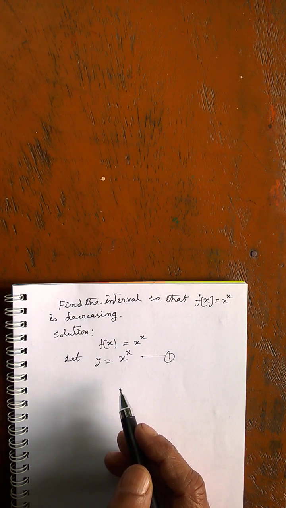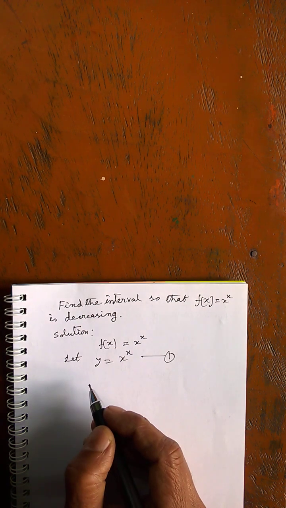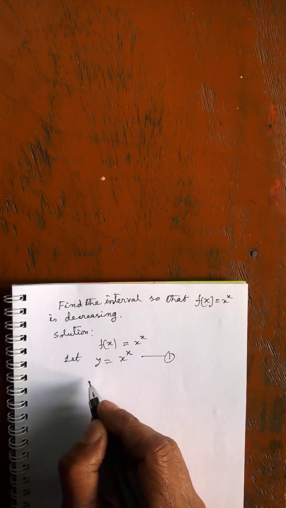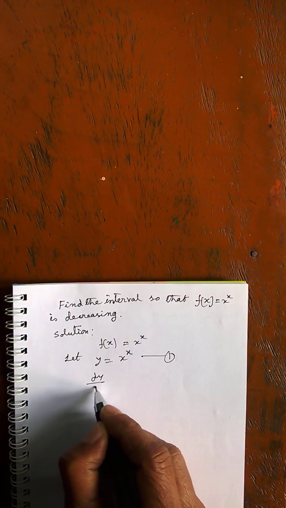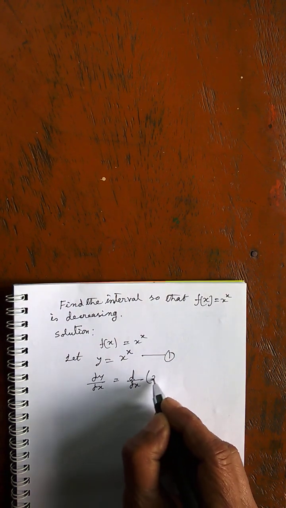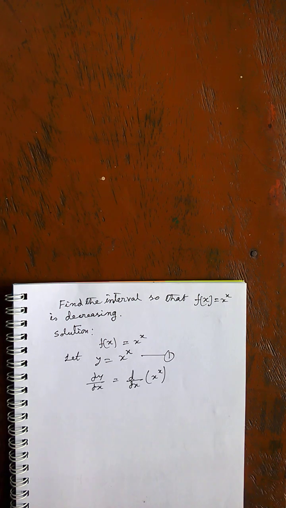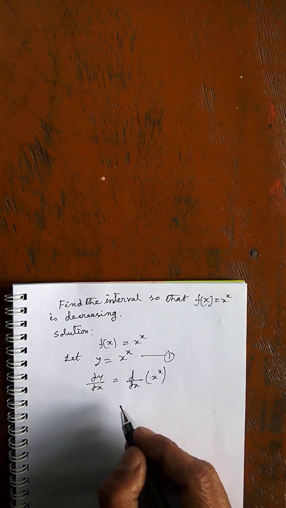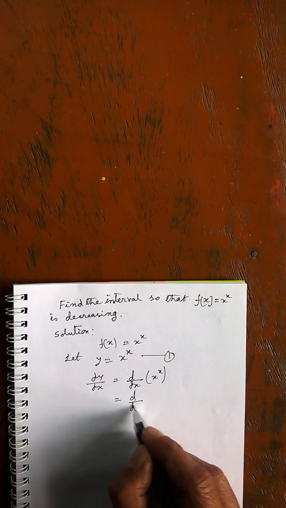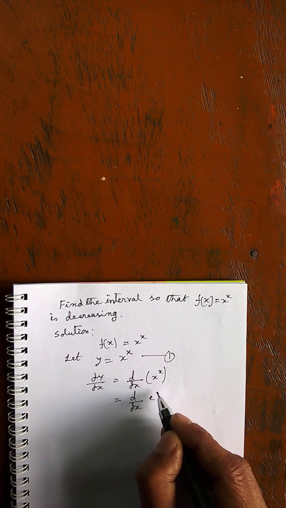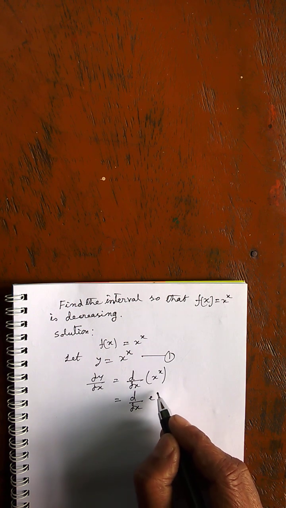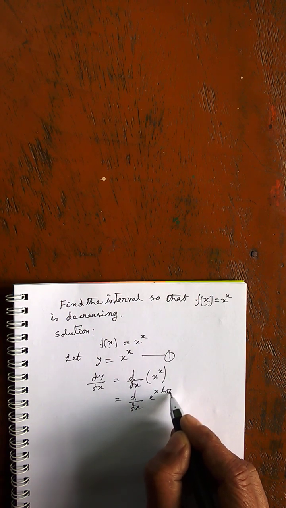To find the interval for a function decreasing, we have to first differentiate. So differentiate 1 both sides with respect to x: dy/dx is equal to d/dx of x^x, that is equal to d/dx of e^(x log x).